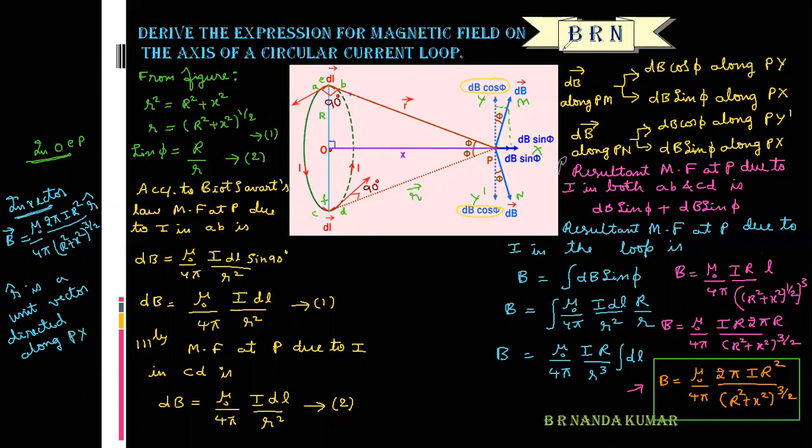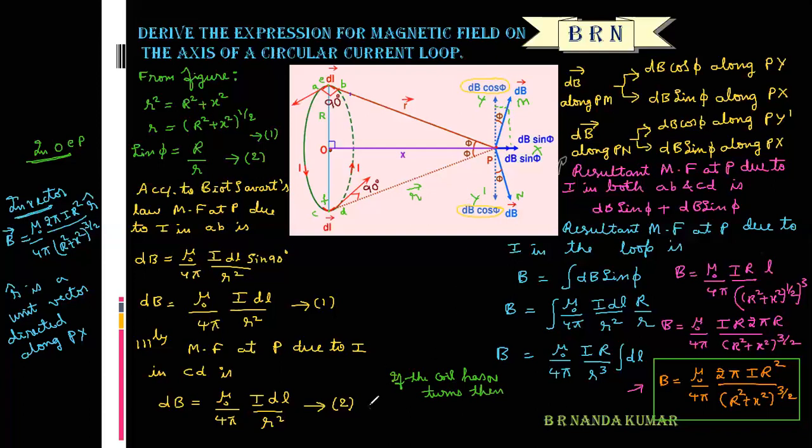Suppose the coil has n number of turns, then what is the magnetic field at point P?